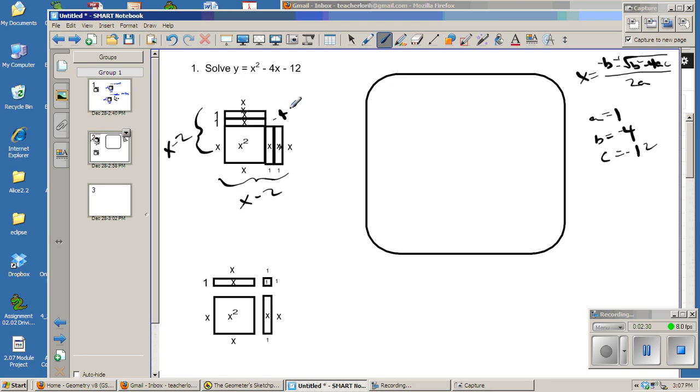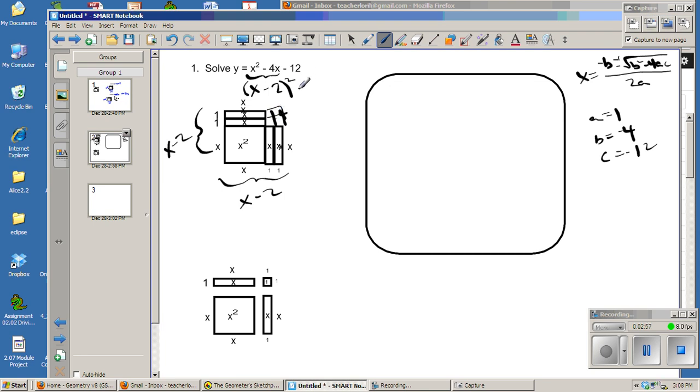I don't have the 4 that I would need to really write this as a square. So I could think of this as x minus 2 squared, just this part right here, only because I'm short, I would need 4 more to complete that.